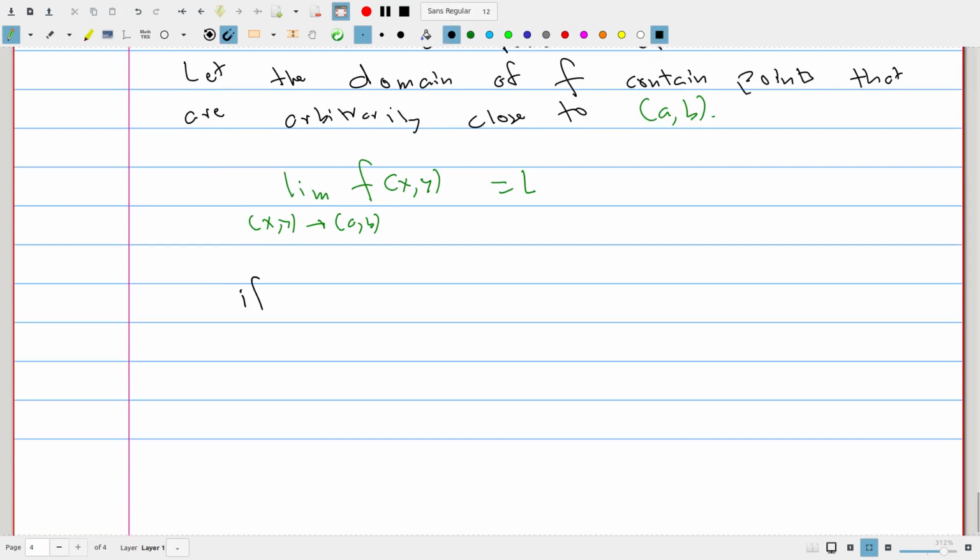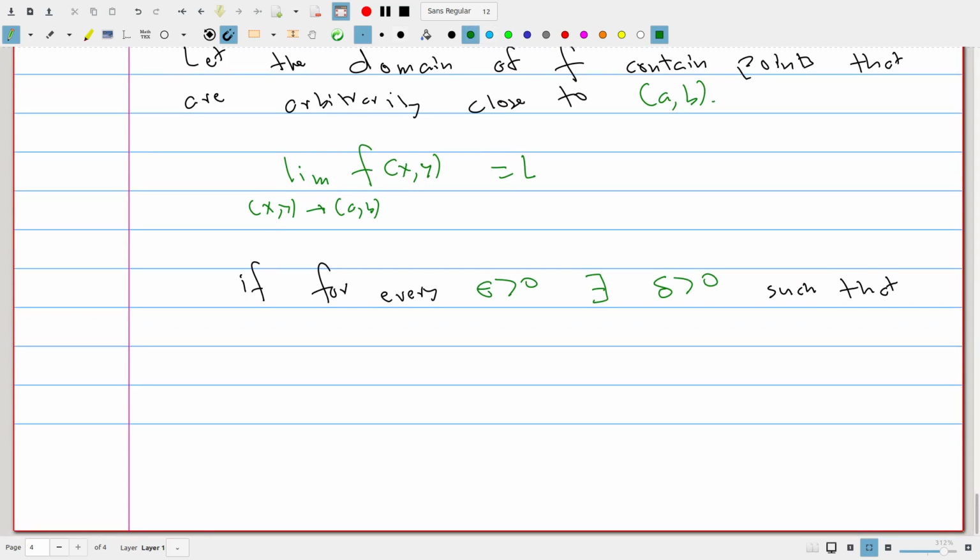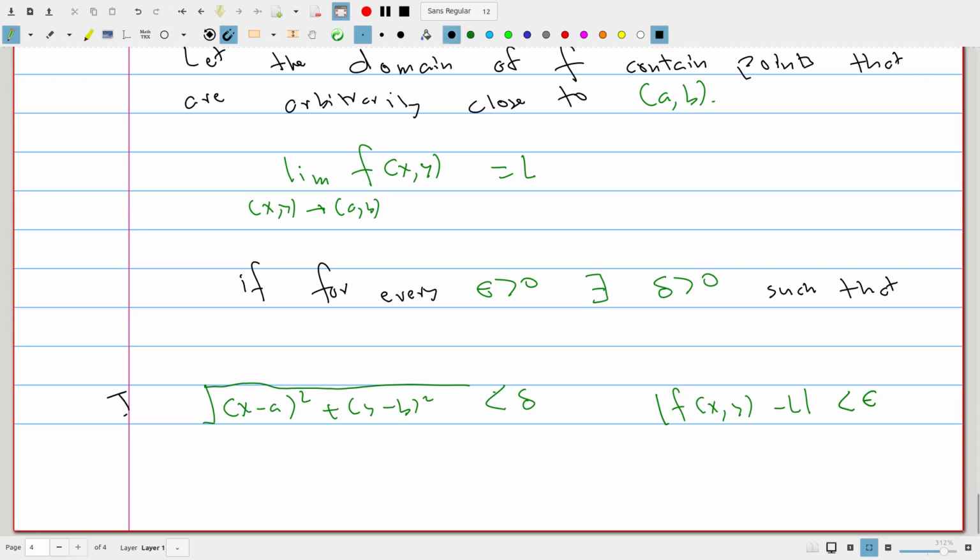If for every epsilon greater than 0, there exists a delta greater than 0 such that if the distance between (x, y) and (a, b) is less than delta, then the distance f of (x, y) minus L is less than epsilon.